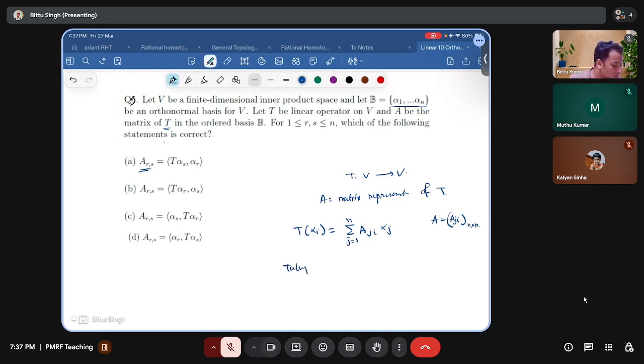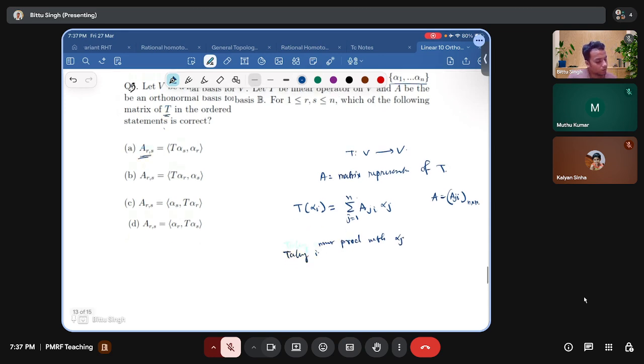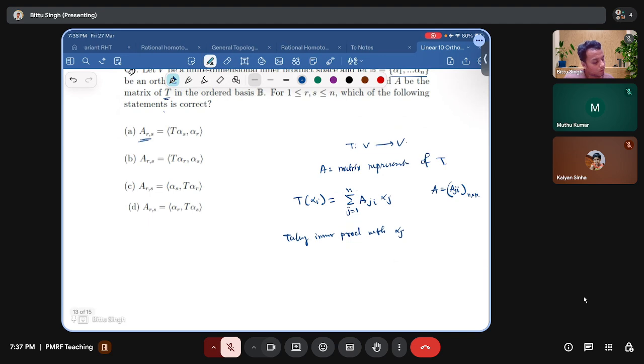Taking the inner product with alpha j, or instead of alpha j, let me write alpha k. So we get the inner product of T alpha i and alpha k is the sum over j equal to 1 to n of a_ji times the inner product of alpha j and alpha k.